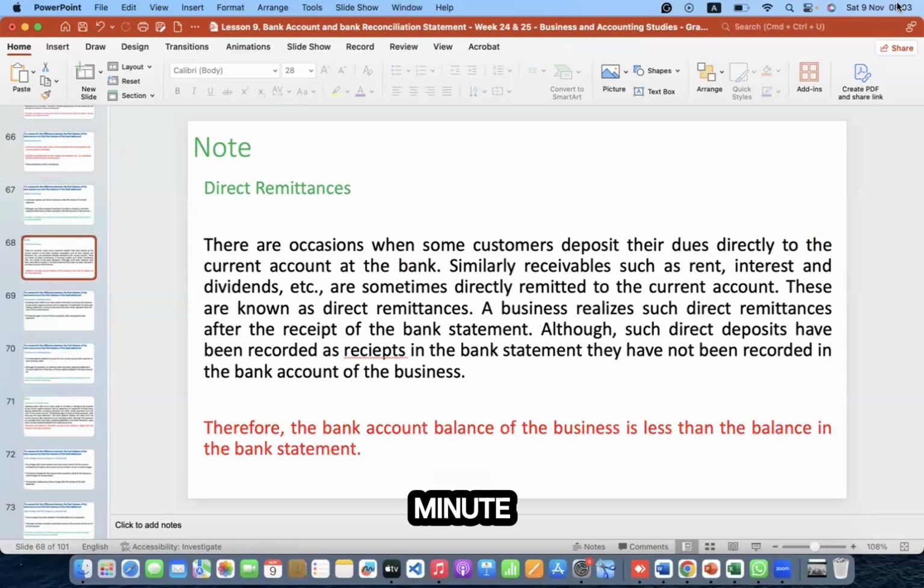Take about 1 minute and quickly write this. Put the subheading direct remittance and write it. In case you could not write it, what you can do is you can refer to the YouTube video, you can pause it and write it as well, okay?